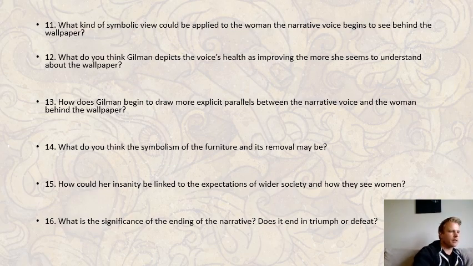So as we come towards the ending, there is this release. There is the tearing down of the wallpaper, and this seeming recognition within our narrative voice. And the husband fainted on the floor, and in her release, she's having to creep over him.